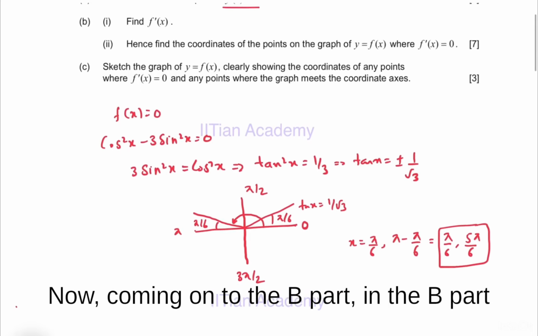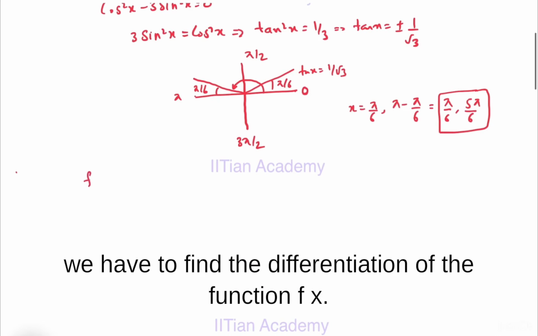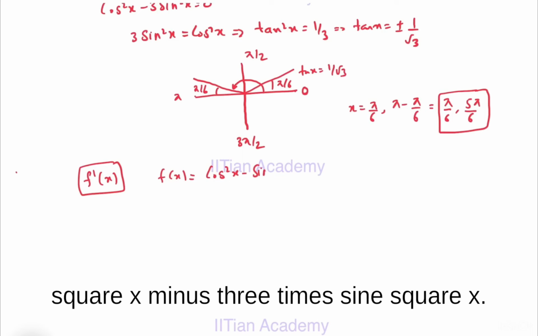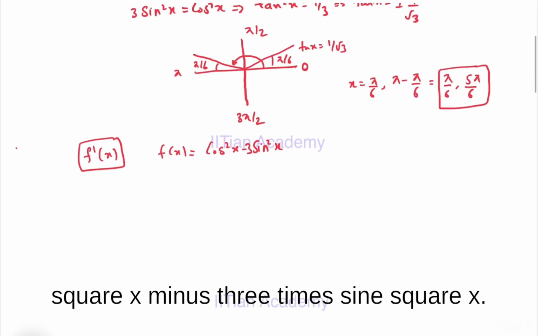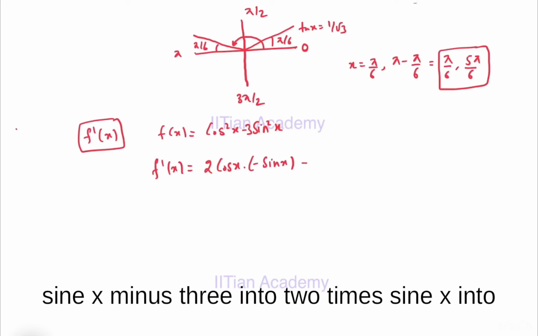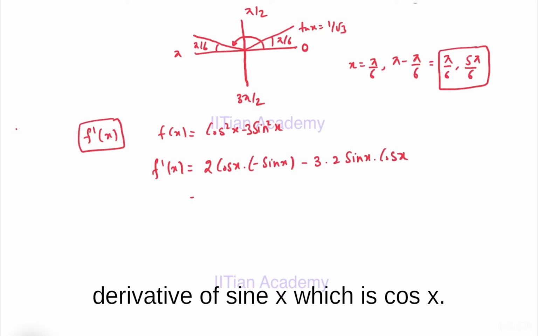Now coming on to the B part. In the B part we have to find the differentiation of the function f(x). So you know the function f(x) is cos square x minus 3 times sin square x. So the derivative of f(x) will be 2 times cos x into derivative of cos x, which is minus sin x, minus 3 into 2 times sin x into derivative of sin x, which is cos x.